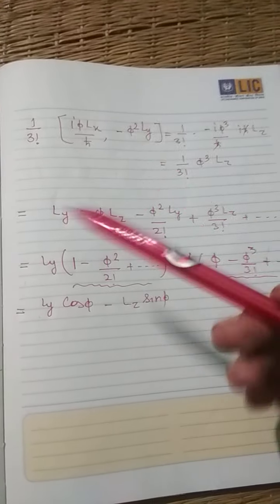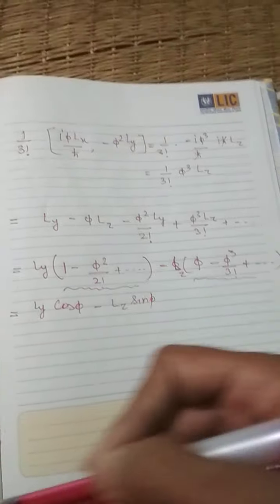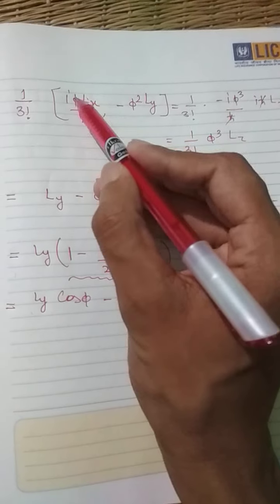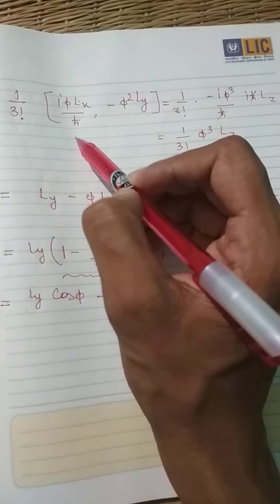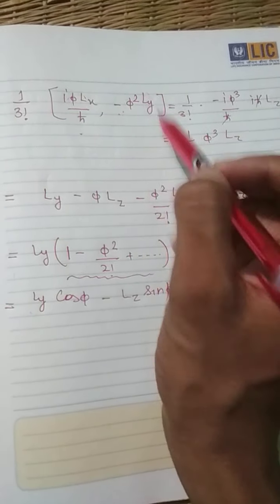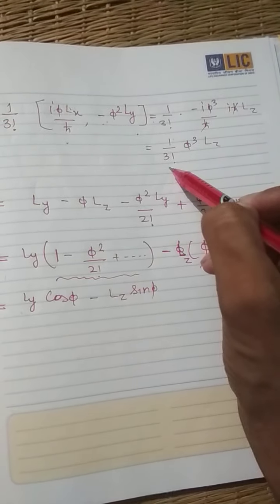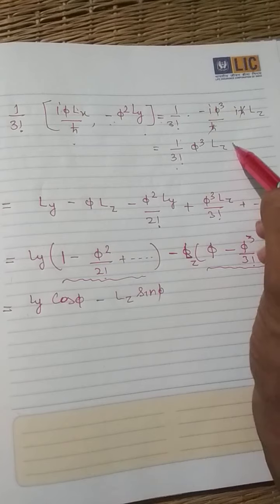In the second step also we have to take the commutator of A with the previous one. A is i phi Lx upon h cut, and in the previous one we have minus phi square Ly. So we get 1 upon 3 factorial, with a factor of phi cube Lz.